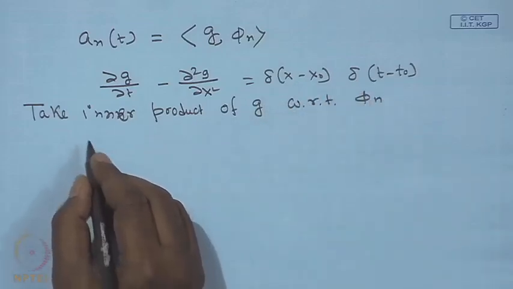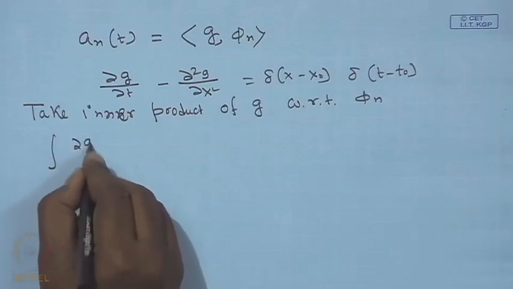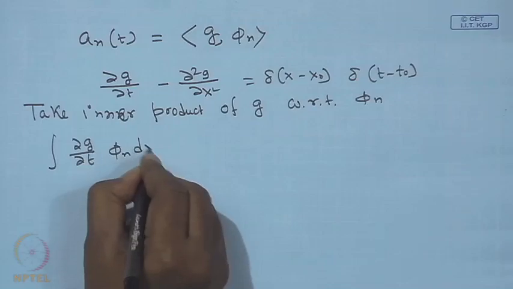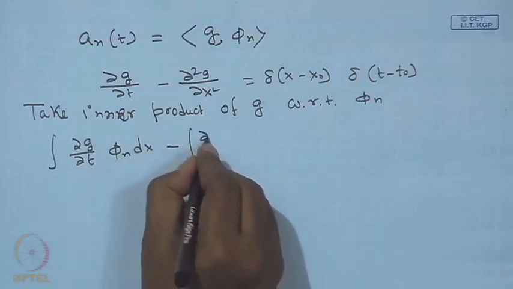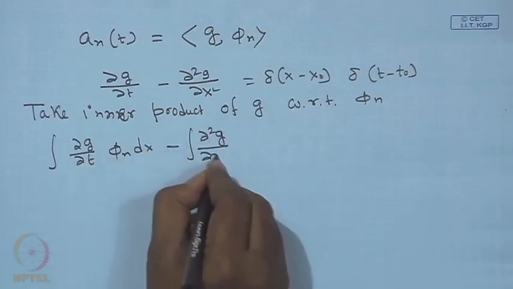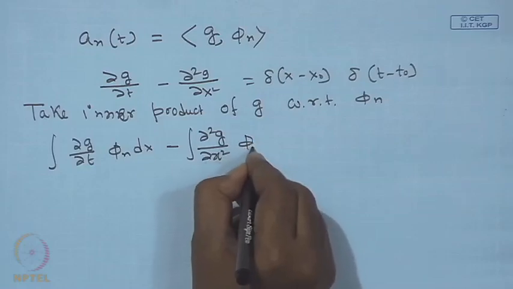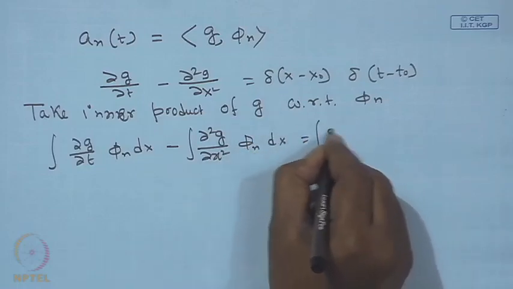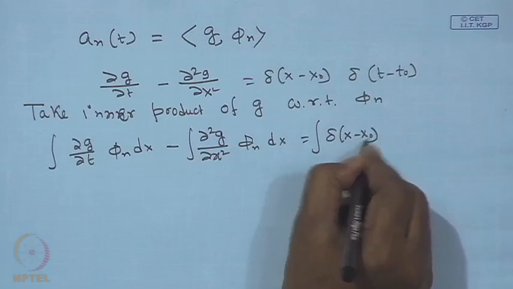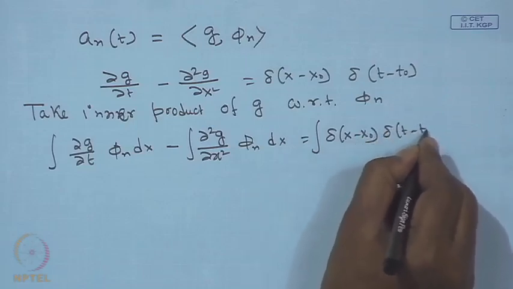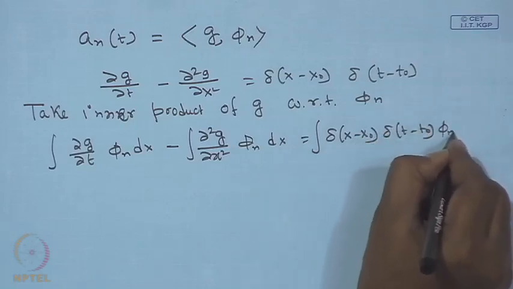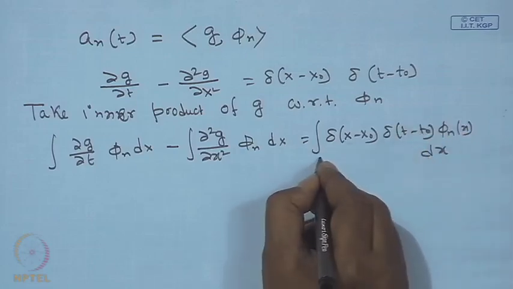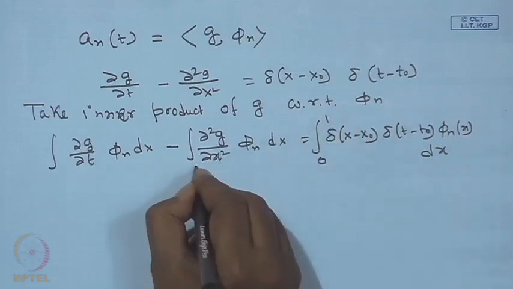So, we take the integral of del g del t phi_n dx minus the integral of del square g del x square phi_n dx equal to the integral of delta(x minus x0) delta(t minus t0) phi_n(x) dx over the domain of x, 0 to 1.